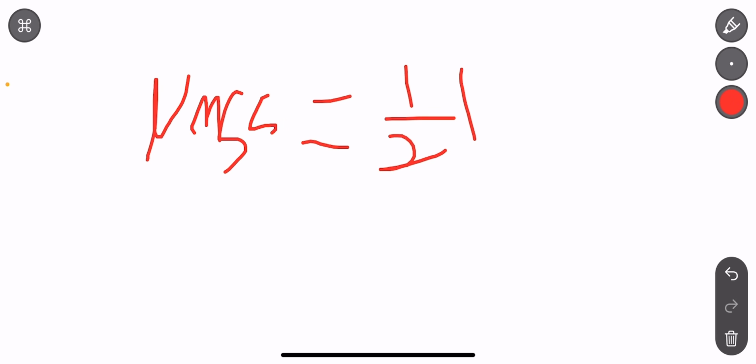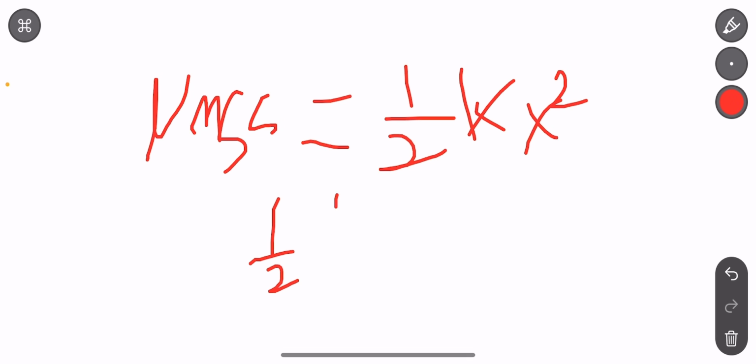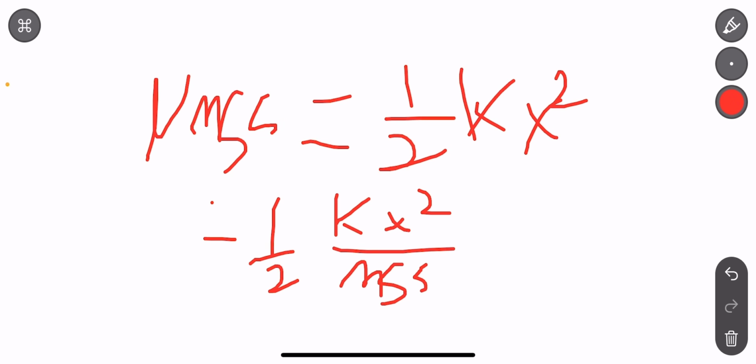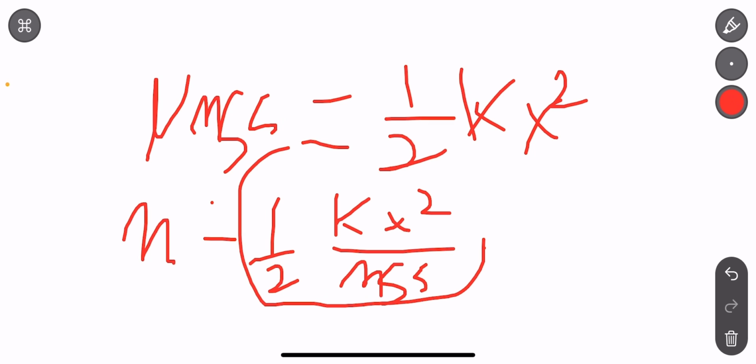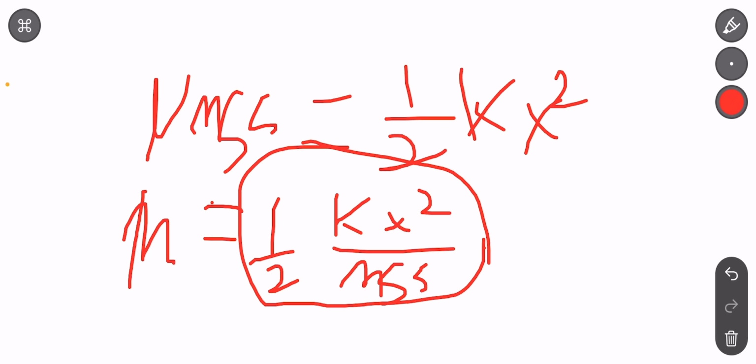So we're going to have the change mgs equals 1/2 kx squared, and then that's going to turn into 1/2 kx squared over mgs is equal to this, and this is the equation we want, right? We wanted to isolate this specific quantity because we're looking for that.